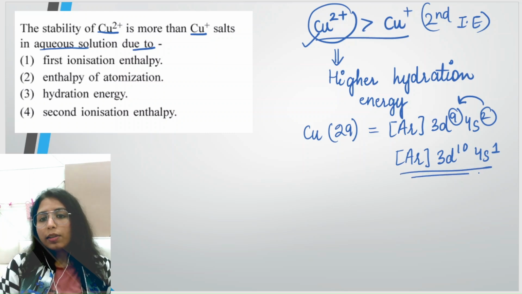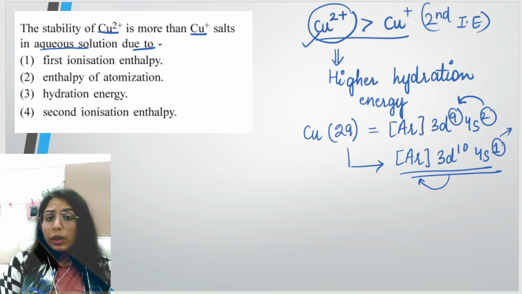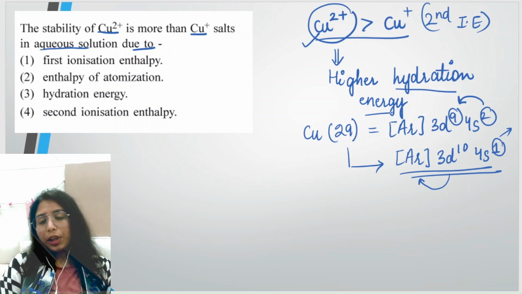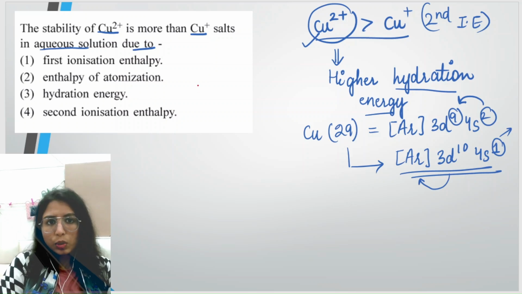So this is the final electronic configuration for copper. If you lose one electron, although it has now gained the noble gas configuration, copper 2 plus still becomes more stable because of the higher hydration energy. This is the reason behind it, and it is written boldly in the NCERT.